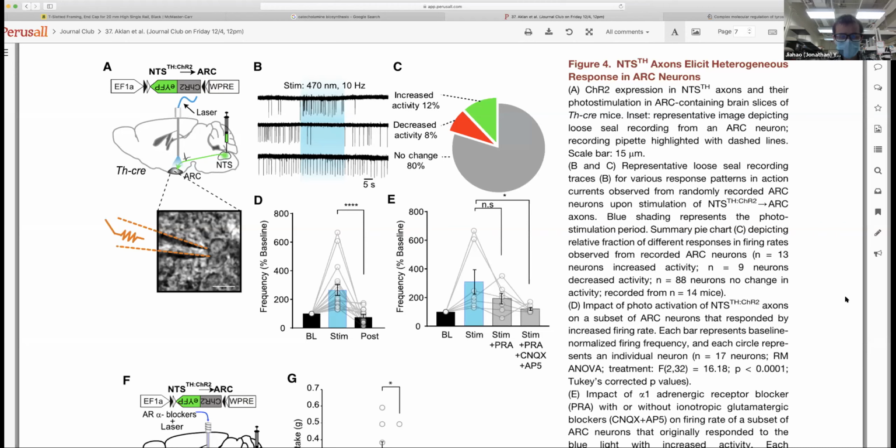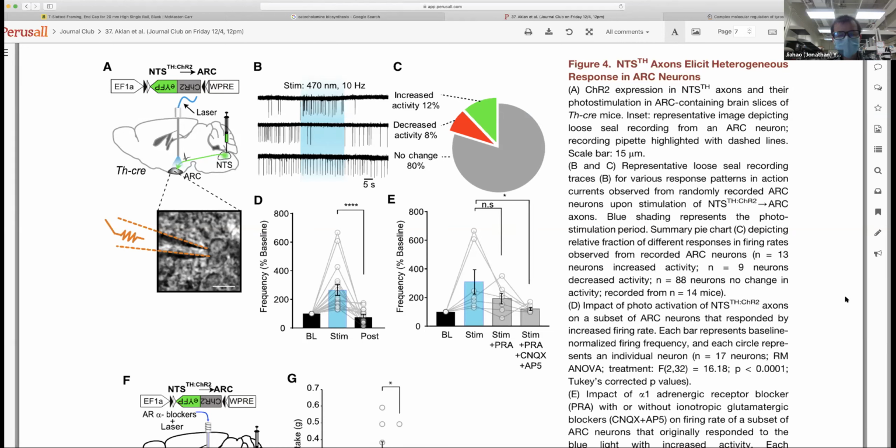You have an example where the neuron is activated constantly during the stimulation period. But you also have neurons inhibited, like in the middle. And you also have neurons that don't respond at all, at the bottom. So they do a quantification. Most of them actually don't change.